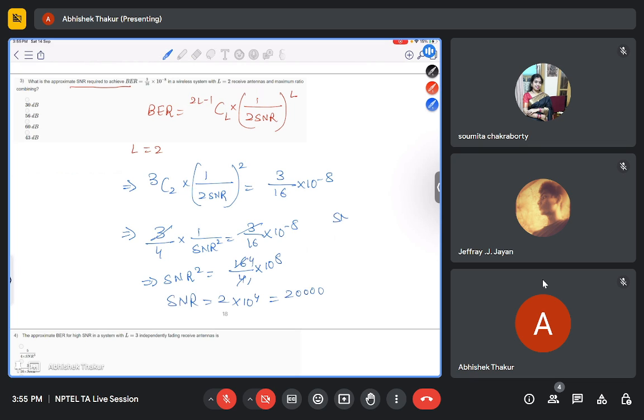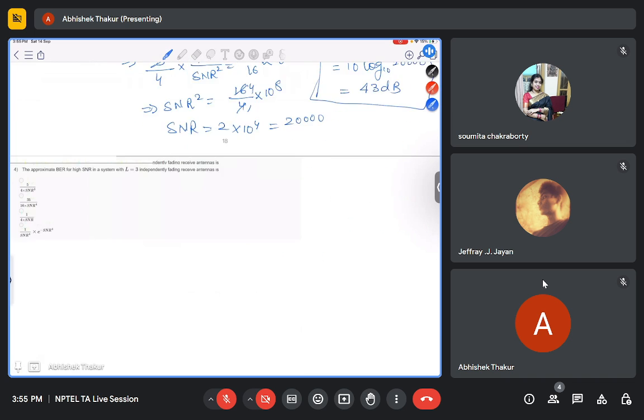Now SNR in dB will be 10 log 10 of 2 into 10 to the power of 4, which is equal to 10 to the power of 4.3. So this value is equal to 43 dB. So the correct answer is option number D for this question.